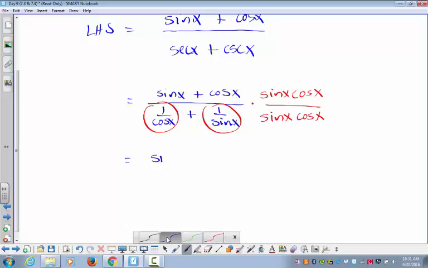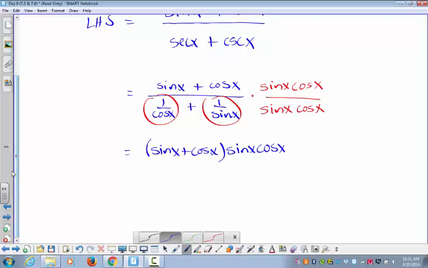So again, in the numerator, let's not distribute yet. Let's just leave it as a string of multiplication for now. Let's just see how the denominator simplifies first. In the denominator, we have to take this expression, sine times cosine. It needs to be multiplied by both terms down here.